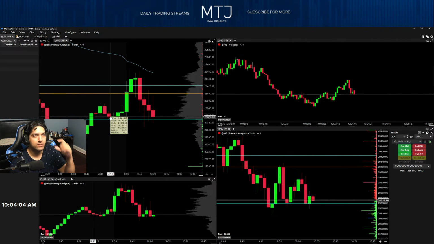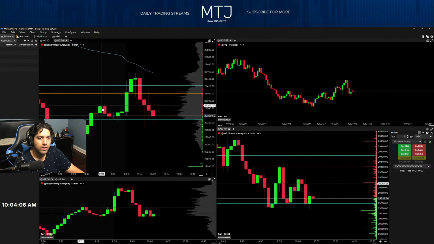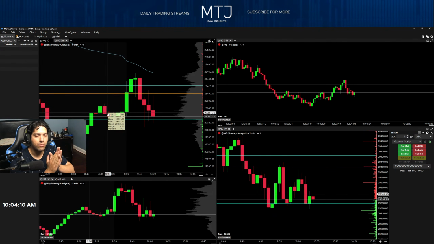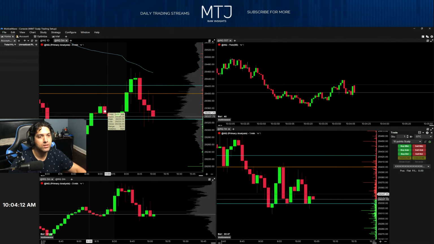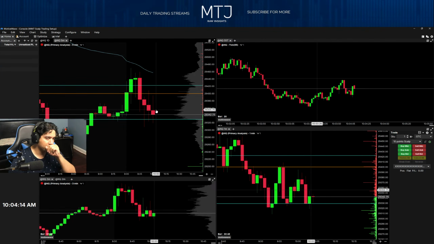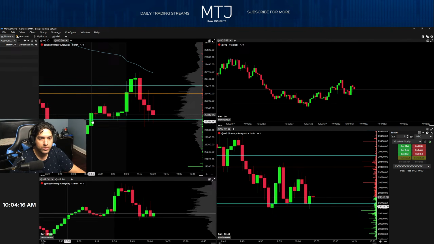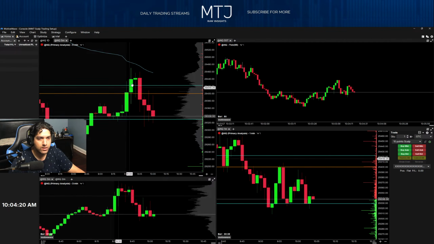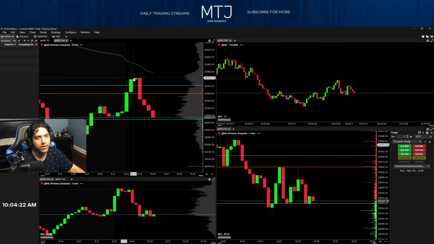Anything that makes a pullback, basically. What you want to see is a move that continues and breaks through and then continues that move upwards before retracing back to it. So we had this move upwards pre-market, we made a couple of red candle pullbacks, then we continued that move upwards back into the trend, right?